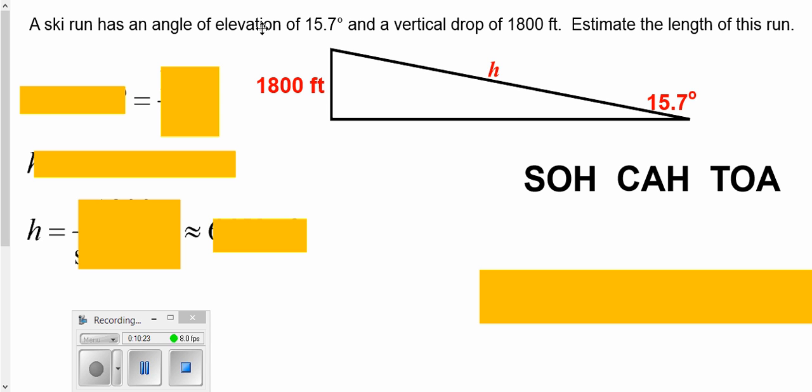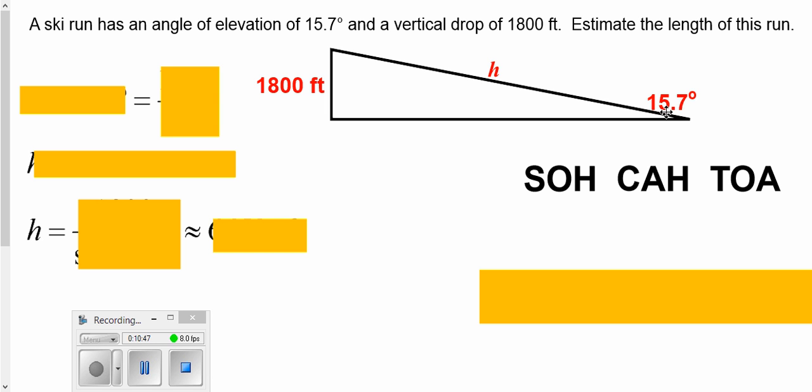Angle of elevation, angle of depression always go from the horizontal. Vertical means up and down, so you're going up and down 1800 feet. So that's over here. Now we want to estimate the run, which would be the length of our hypotenuse here, because that's the side you're skiing down. That's the run of the ski slope.